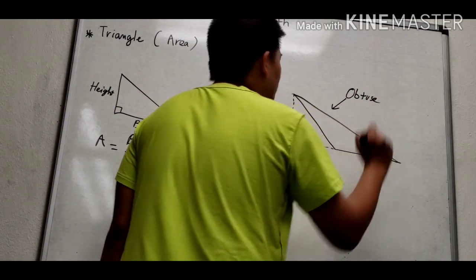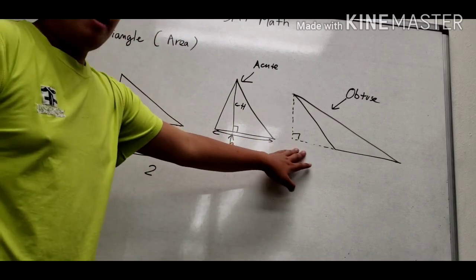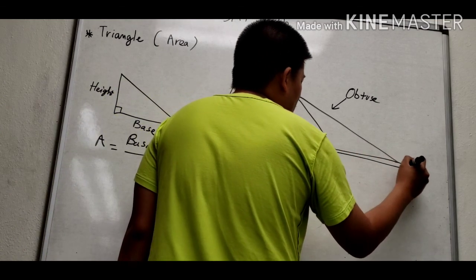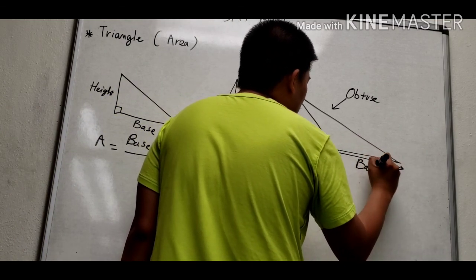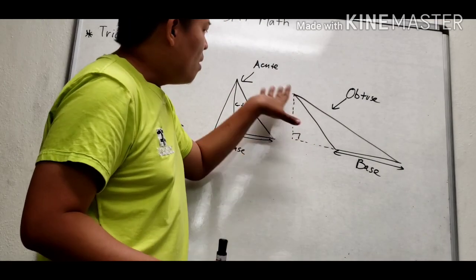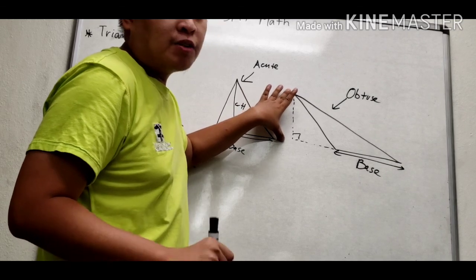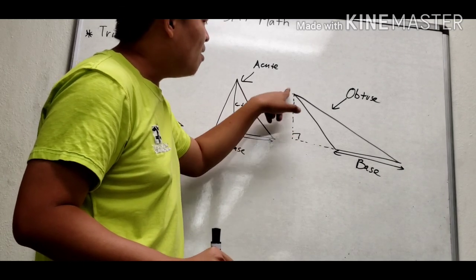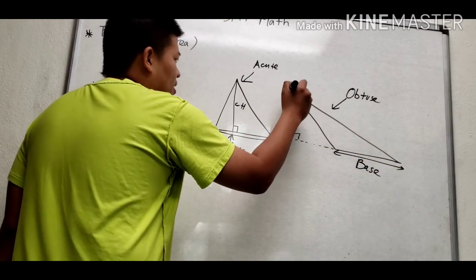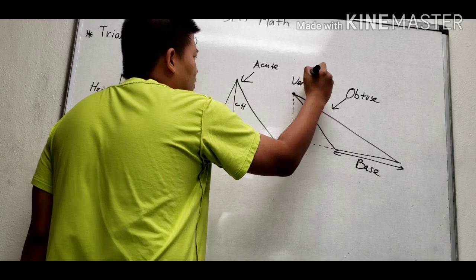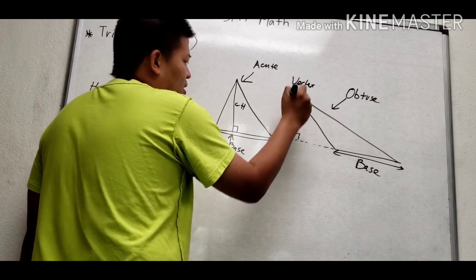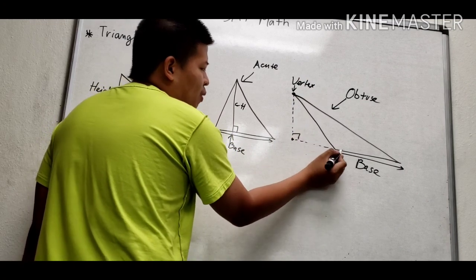the obtuse triangle. To find the area of the obtuse triangle, you just use the base in here only. This area we don't count, because when we multiply this long triangle, we need to minus this area again. That's why the base is only from here to here, and from the vertex in here, the height goes parallel to the line of the base.